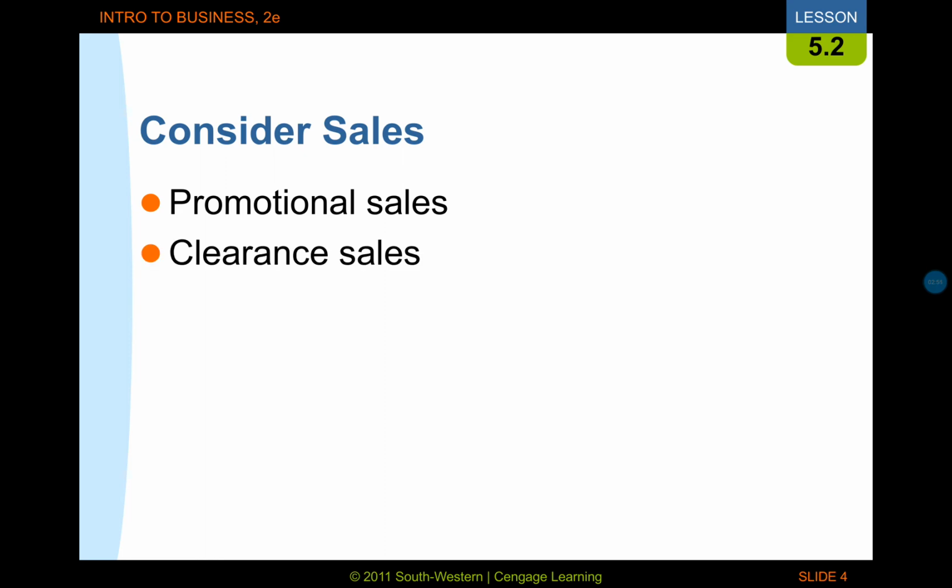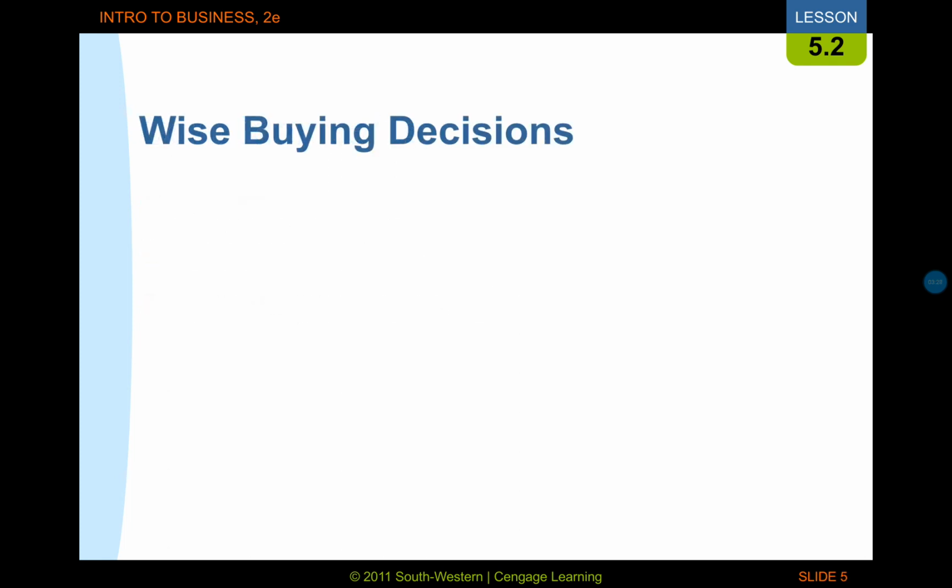And then there are also clearance sales, and those are normally end of season or out of date merchandise that they're lowering the price on to try and get out of the store so they can move in newer merchandise. And then there are also special purchase sales. That's usually overstock items. So if a store purchased a large amount, then they could run a special purchase sale on it, or it could be items that are no longer made. So those would be those types of sales.